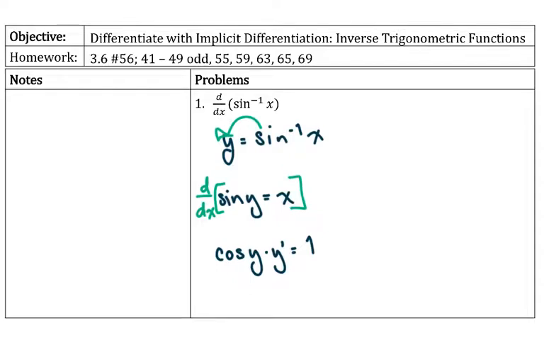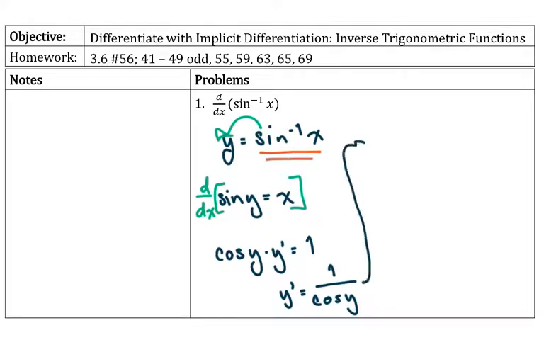Then with dividing, we get that y prime is equal to 1 over cosine of y. And since we know that y is equal to sine inverse of x here, we can plug that in, and we can say y prime is equal to 1 over the cosine of sine inverse of x.